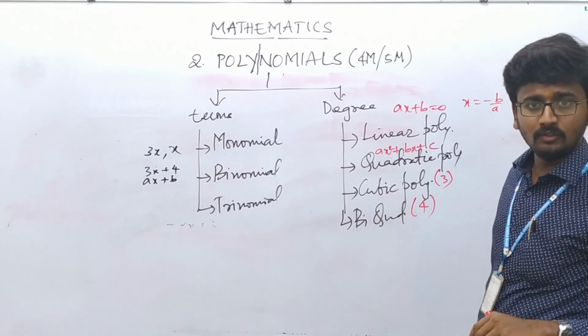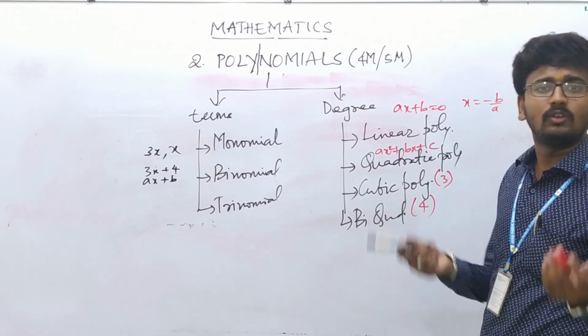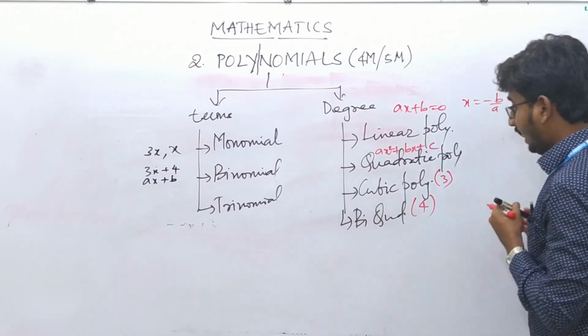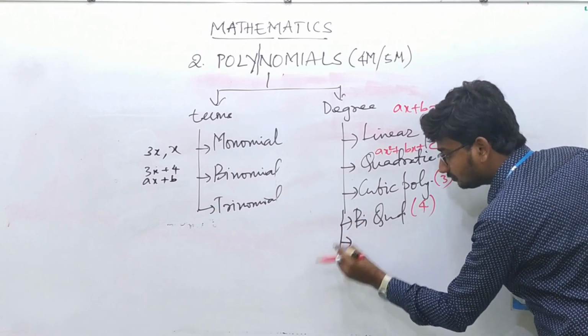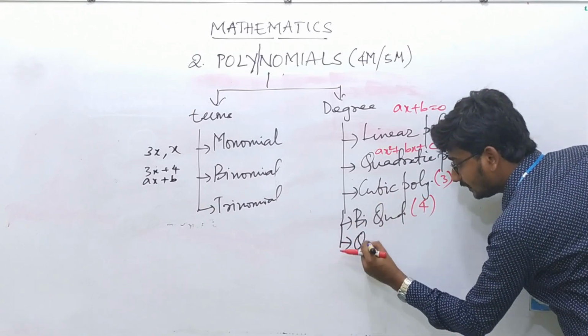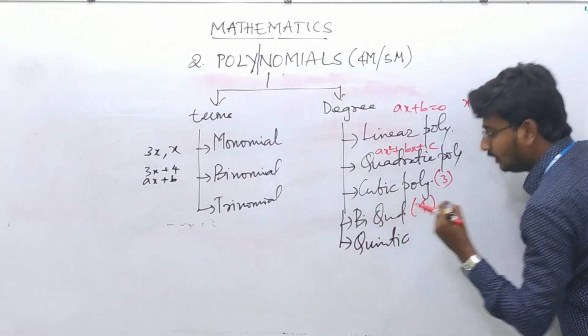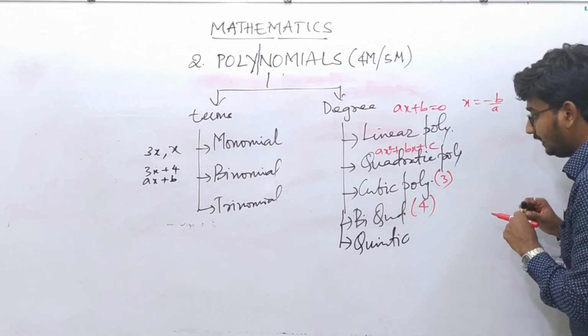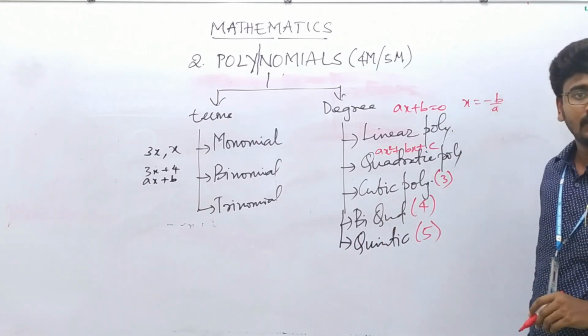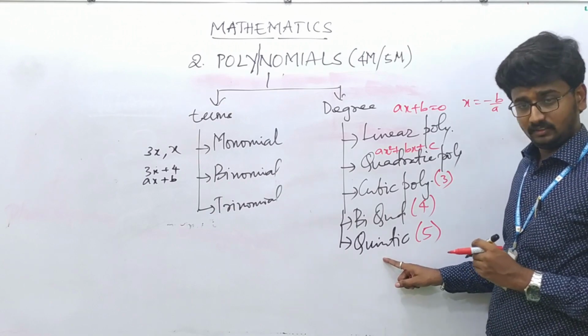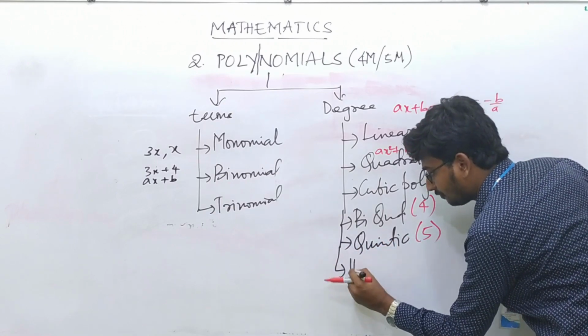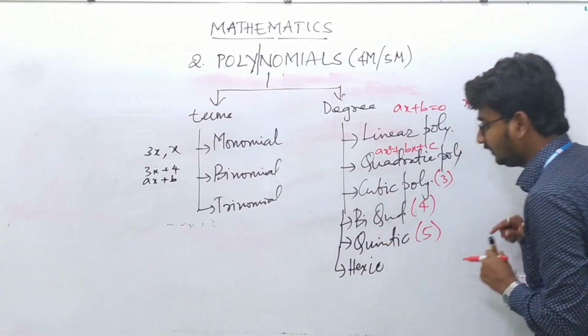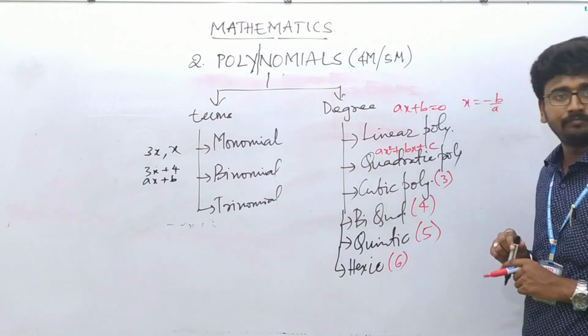The roots may be 0, 1, 2, 3, minus, plus, whatever. After biquadratic, we have something called quintic, which has degree 5. After quintic, hexic, whose degree is 6.